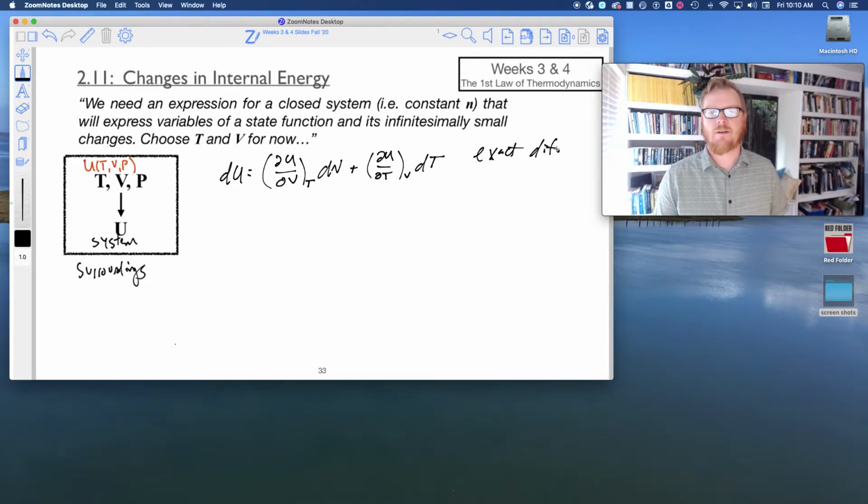And now the game that we're going to play is inspect the derivatives and see if we can connect those derivatives to a physical observable. So we have changes in U with respect to volume at constant temperature and changes in U with respect to temperature at constant V. Does this look familiar?